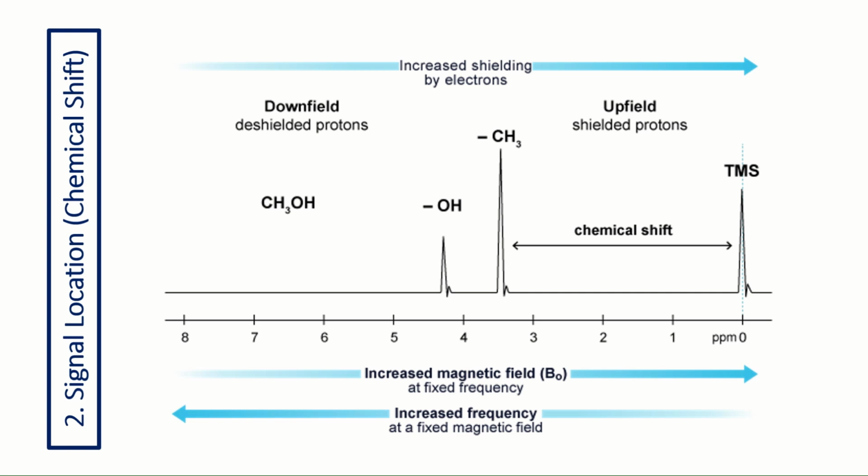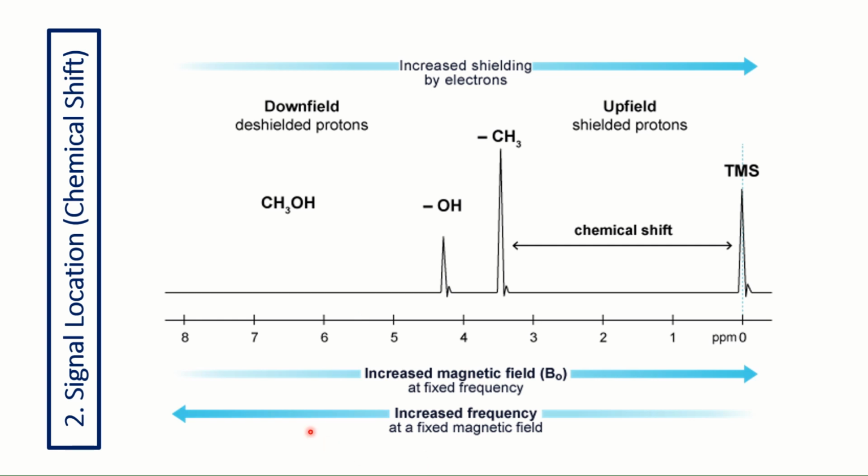Increased shielding is denoted from left to right in our spectra. So we're saying that we're going upfield compared to downfield, where we have increased deshielding.